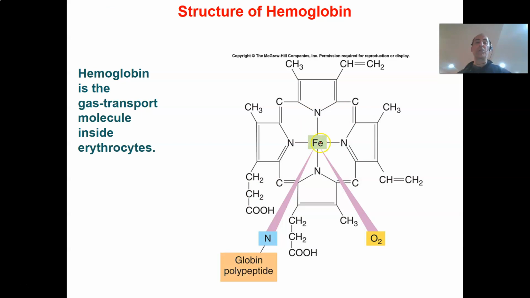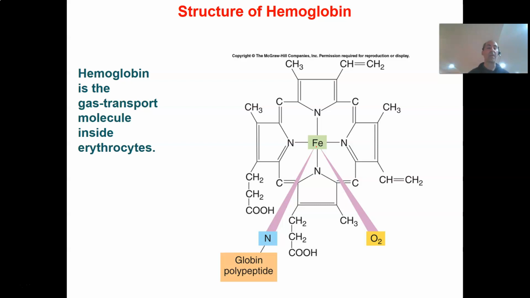This is the hemoglobin molecule with the iron core. That's why iron is so important. Females tend to have lower hematocrits, so a lower number of red blood cells, and they tend to become anemic more than men. So consuming enough iron is really a big deal for females and rarely is a problem for males.